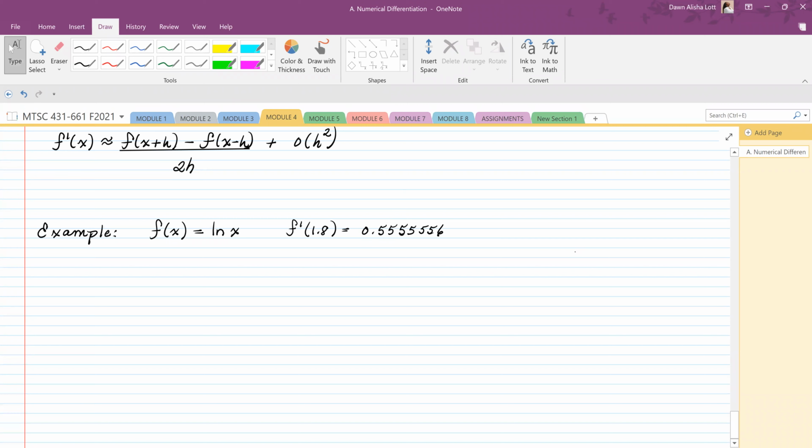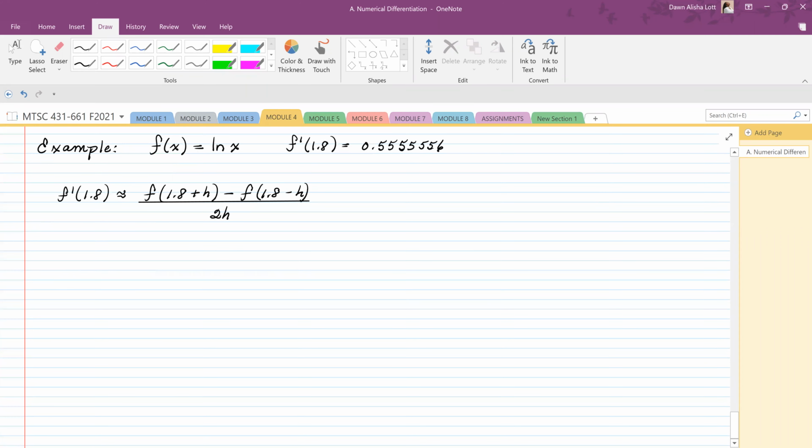So again, f prime of 1.8 is now going to be approximately f of 1.8 plus h minus f of 1.8 minus h. So I'm using the point in front and in back, and that's going to be divided by 2h.